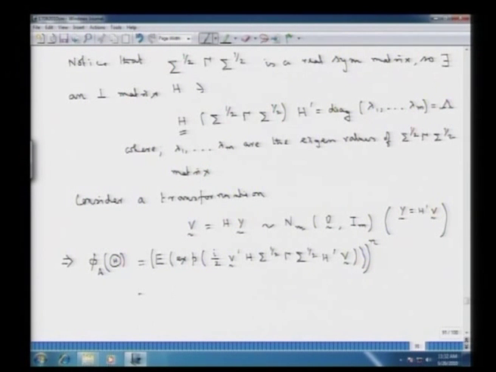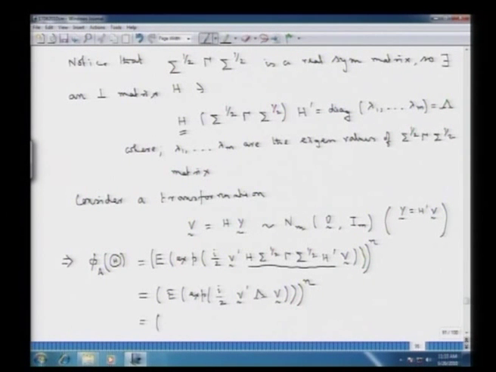So, what we have here is that, note that this particular term here, which is H sigma half gamma sigma half H transpose, is nothing but this capital lambda matrix. So, we will have this as expectation of e to the power I by 2 V transpose, then this capital lambda matrix, because that is what is given here, multiplied by this V vector, and then that is raised to the power n.